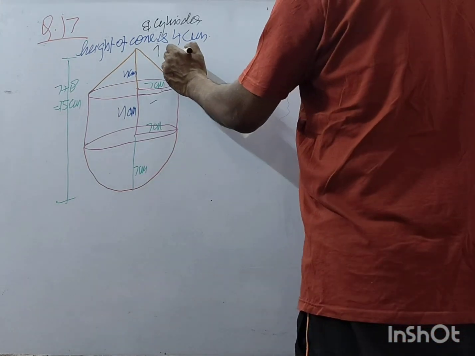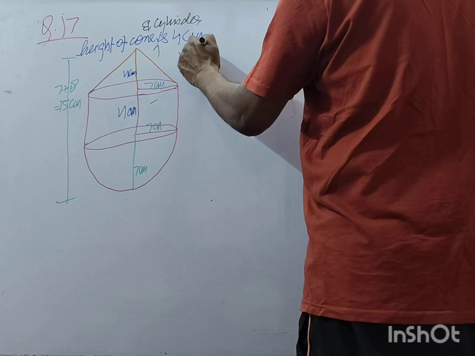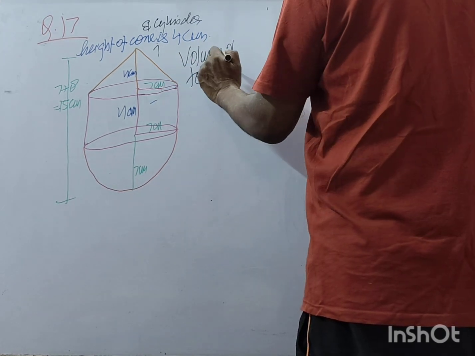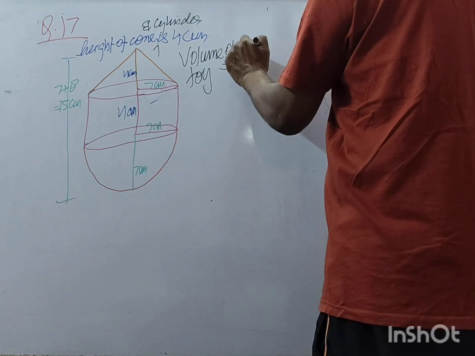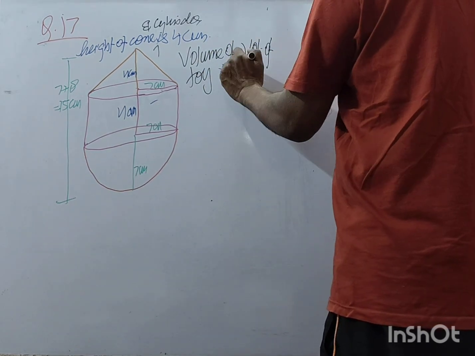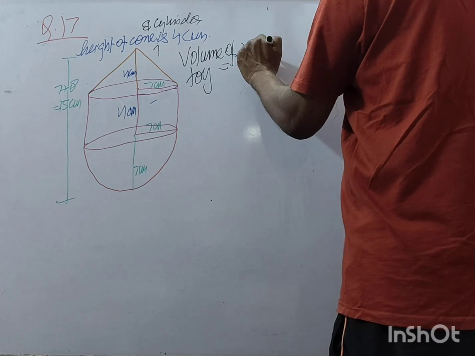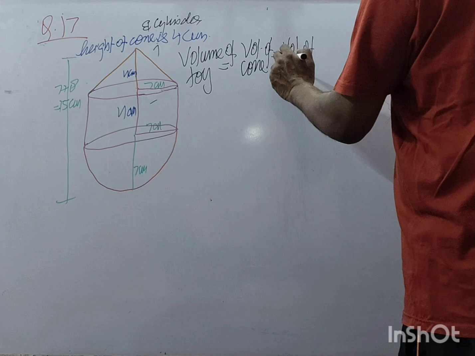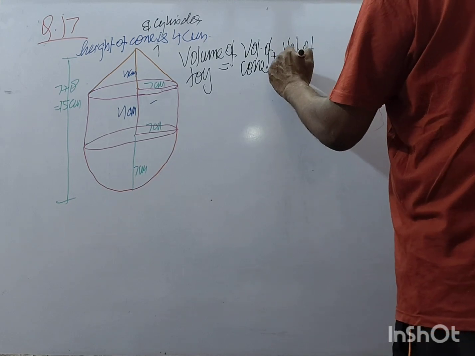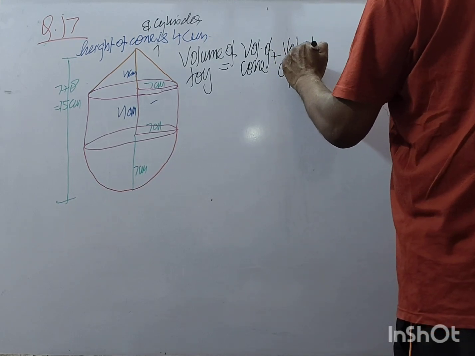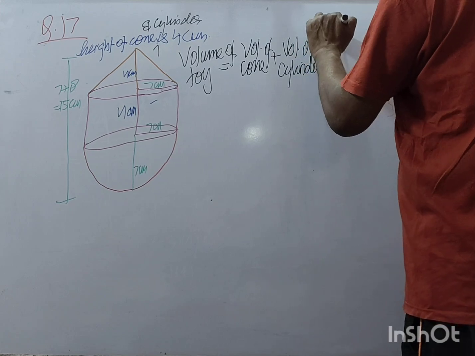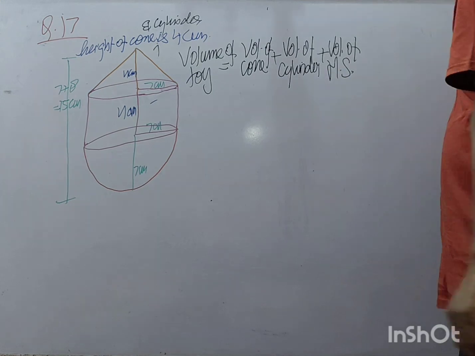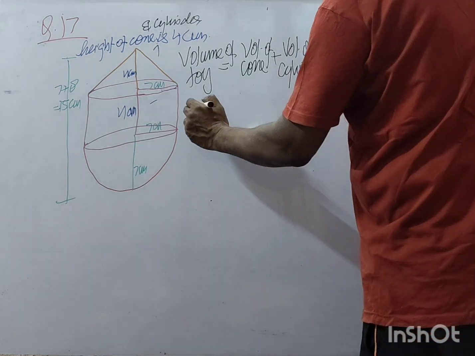So volume of toy is equal to volume of cone plus volume of cylinder plus volume of hemisphere, right?